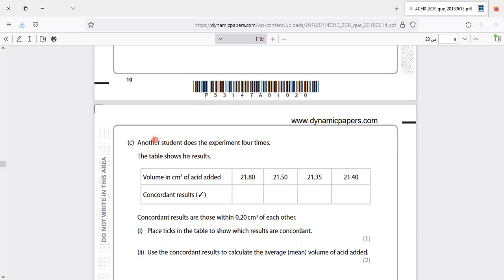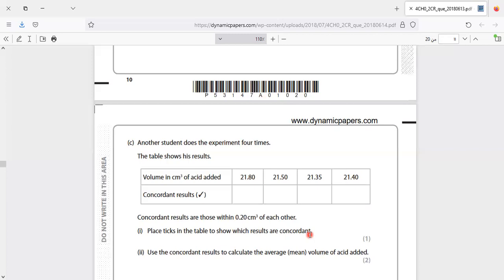You know concordant, what does it mean? First of all, concordant, what does it mean? The difference between two results is 0.2, or the difference in the volume. Concordant results, we took it before.